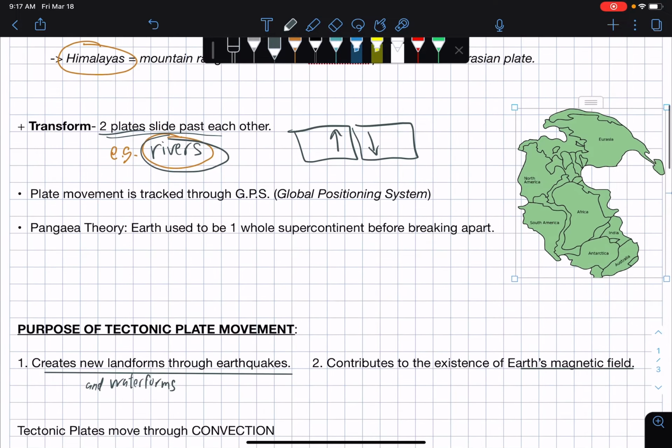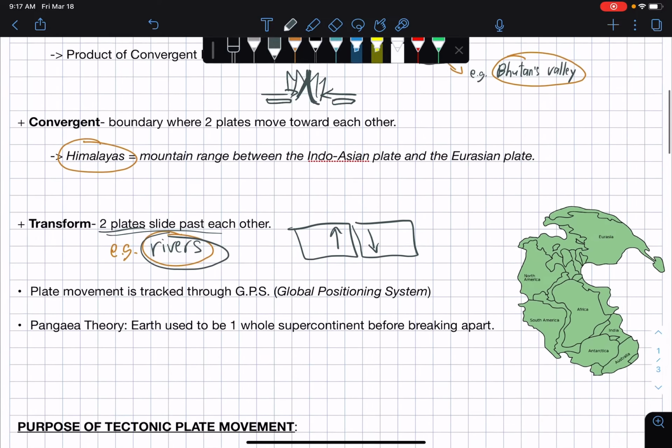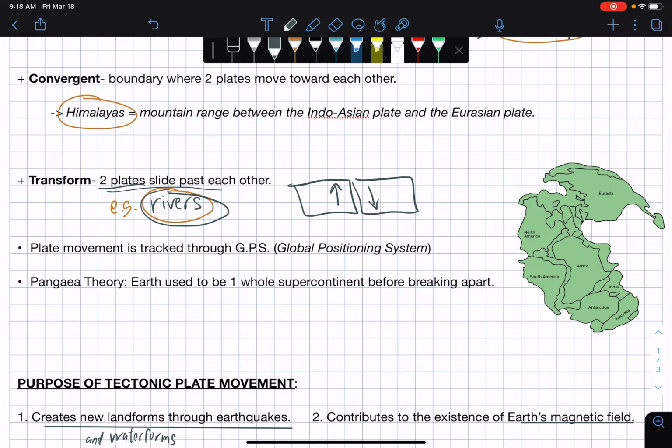So you have to know a few facts about this lesson. Plate movement is tracked by GPS. This is something that Alfred Wegener, the founder of the continental drift hypothesis, needed in order to justify his theory so that the scientific community would accept it.